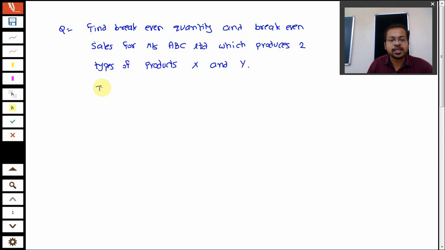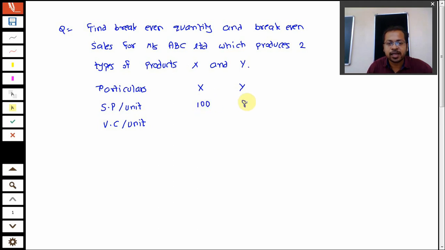The relevant details are as follows. So I am giving you the details. Particulars X and Y, selling price per unit and variable cost per unit they will give to you. Selling price is 180, variable cost is 60 and 50.